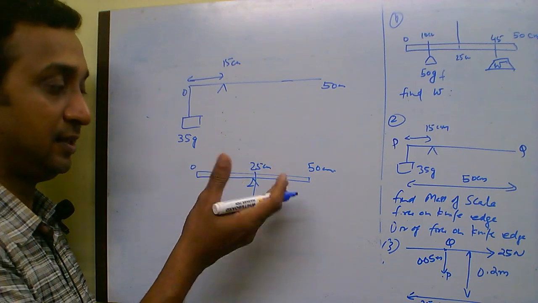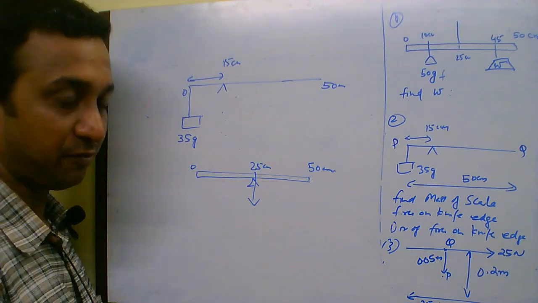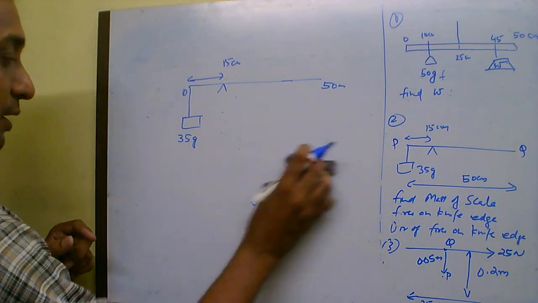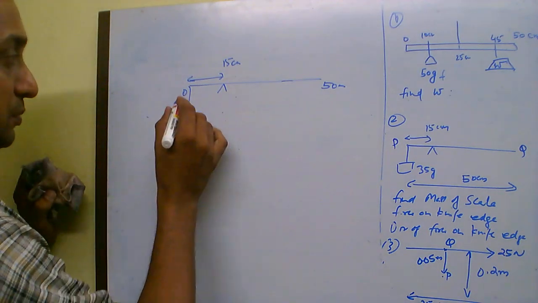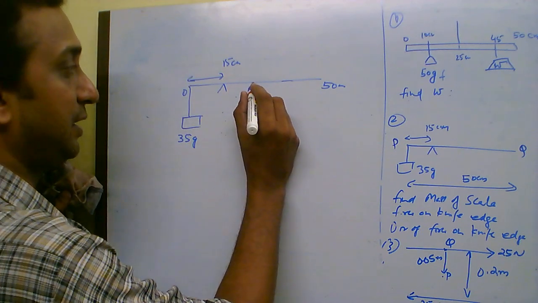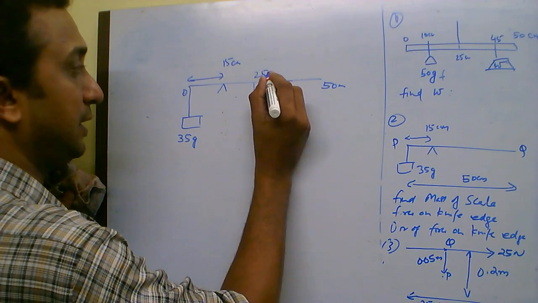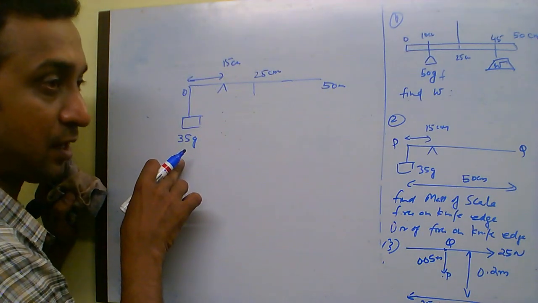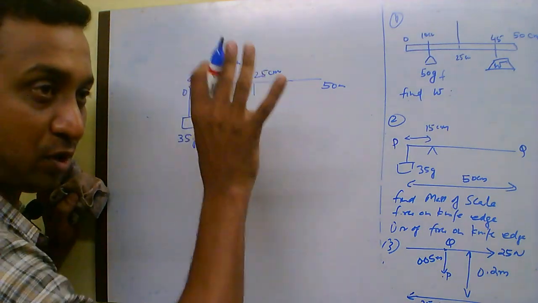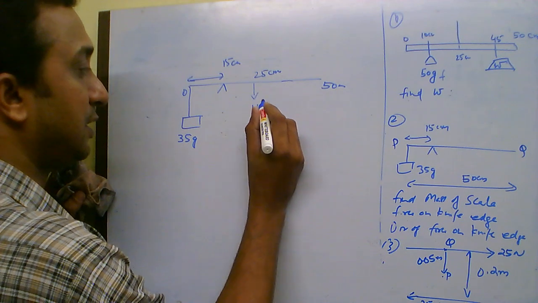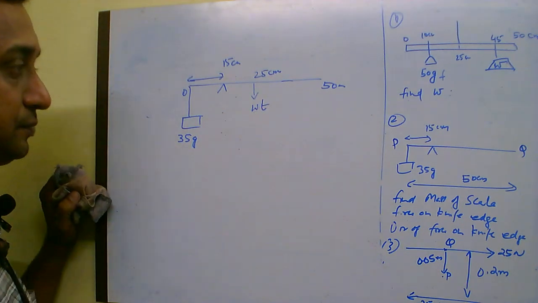So for a scale it is the half meter mark, half of it. So in this question, we should assume the scale's weight is being felt at 25 centimeters, because whether you have suspended 35 gram or not, the weight of the scale is always felt at its half mark.